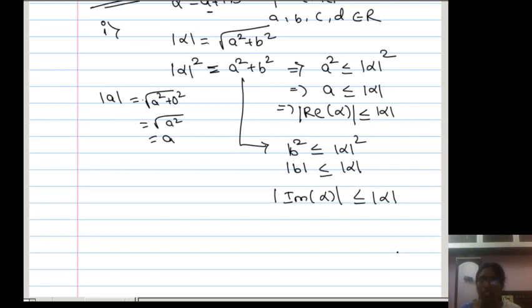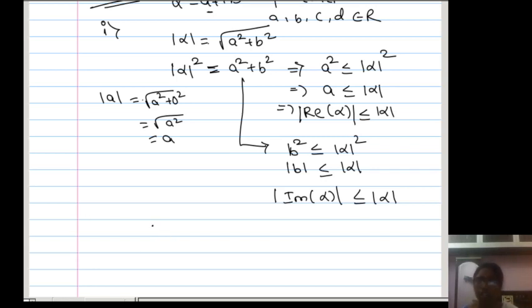So from these two steps I can write now: for any complex number, the real part of that complex number and the imaginary part of that complex number are always less than or equal to mod of that given complex number. That is my intention to give the concept here.